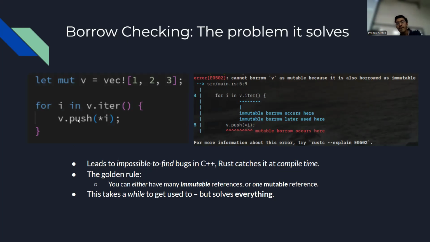The problem is that every time you push to v, it's a vector, so there's a chance the entire vector gets reallocated somewhere else. So that means that this i, which is a pointer to inside of the vector, can get invalidated. And this is a very fundamental issue. This looks like a bit of a contrived example, but you can imagine that instead of a vector v, this could have been an option.